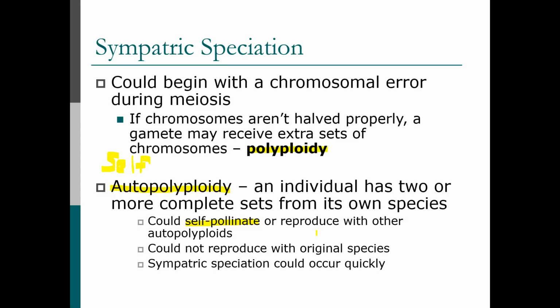And if those offspring survive and are able to reproduce, if they were to self-pollinate, they could then continue that new chromosome number. And it could get to the point where they no longer reproduce with the original. As soon as we have a new group with a new chromosome number that is reproducing separately from the original, we technically now have two new species of plants.